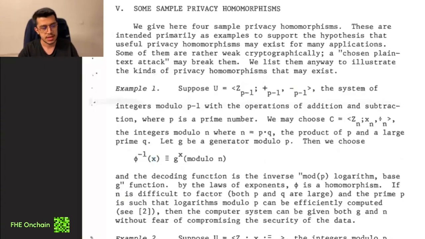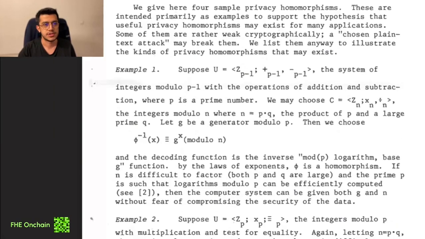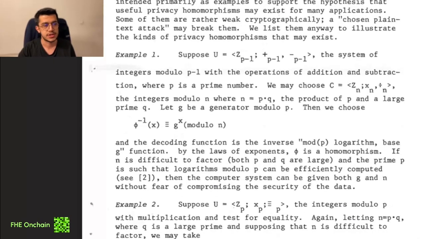So let's say we want to encrypt or encode 2 in this context. We just put the 2 on top of the generator point modulo n, and the resulting number is the encoding of 2. And of course, the decoding function is the inverse function, base G function.